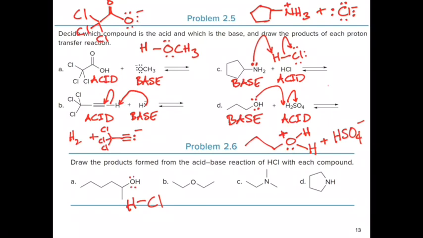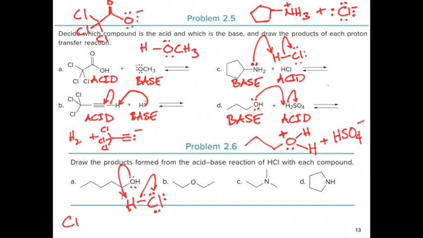it contains lone pairs of electrons. And so it's going to attack this hydrogen here, and then the bonding pair of electrons will go towards chlorine. So chlorine already has 3 lone pairs of electrons, and so this becomes a chloride ion.